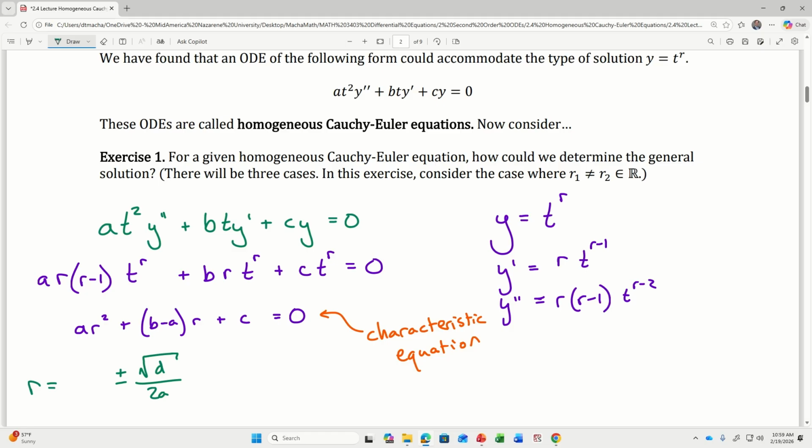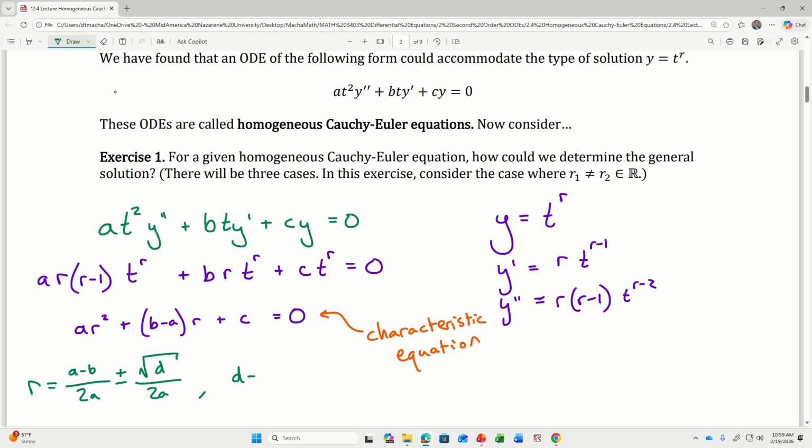So this time it's not just b, but it's b minus a. And negative b would be a minus b then. You switch the order of subtraction for the minus sign. So I'm going to write r equals a minus b over 2a plus or minus the discriminant divided by 2a.